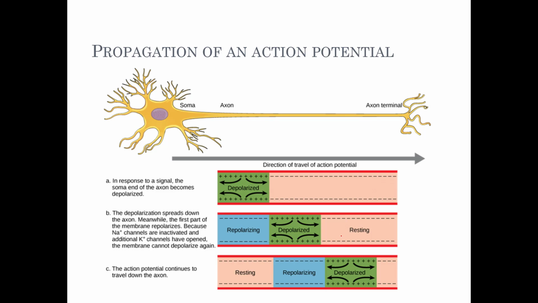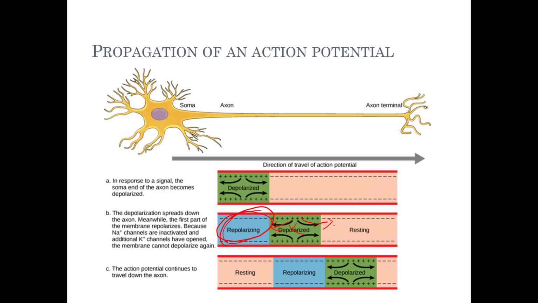Okay? So remember that this portion right here, being in the refractory phase, is really important because you'll notice that this depolarization here can potentially affect the previous portion of the cell membrane. But because this previous portion is in the refractory phase, it's not responsive. The only part that is responsive is the next portion of the cell membrane downstream from the depolarized location.